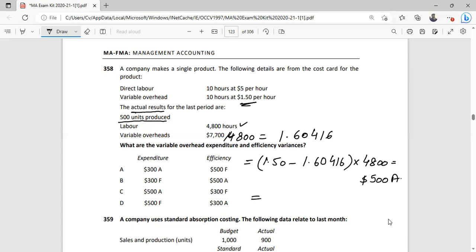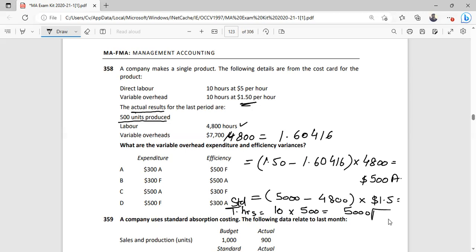Next one is labor efficiency. First of all, we will calculate total standard hours in the labor efficiency. Standard hours per unit are 10 into actual production units, so 5000. Standard hours are 5000 minus actual hours of 4800, into standard rate per hour 1.5.